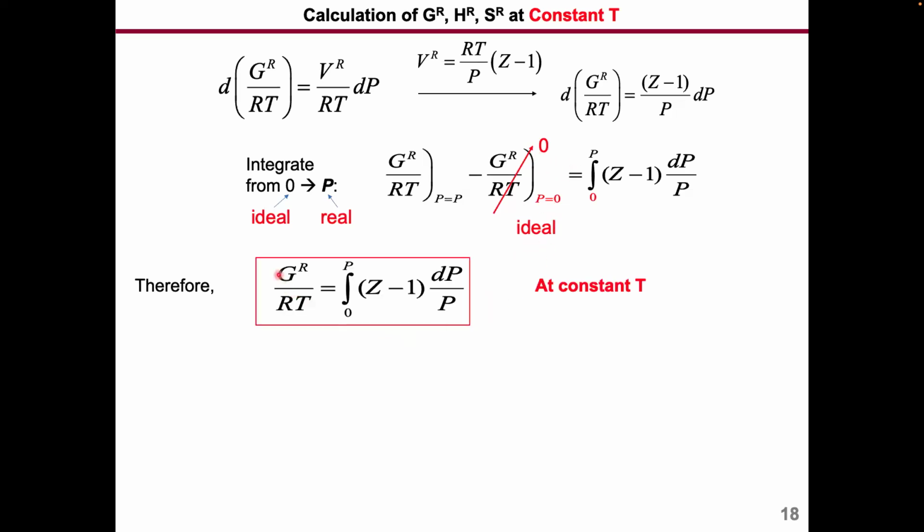So in the end, GR divided by RT is going to be equal to the integral from 0 to P of Z minus 1 dP divided by P. This again is at constant temperature. This is what we care about from the previous slide.